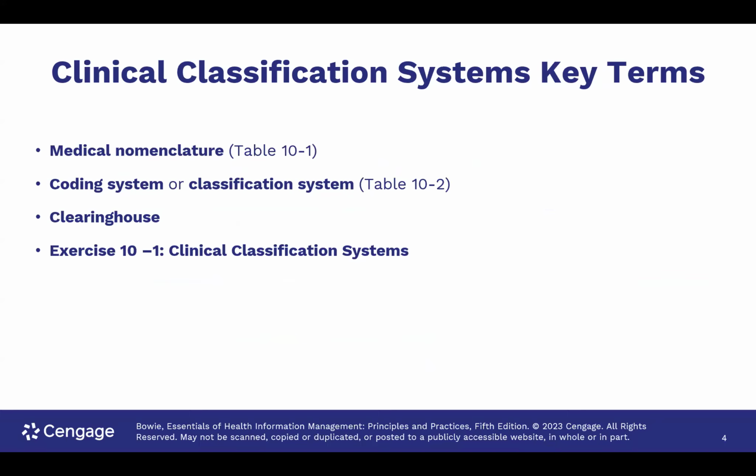Medical nomenclature is covered in Table 10.1. Please pay attention to that. A lot of what we're going to talk about are the coding classification systems, right? When we say coding system or classification system, we're talking about the same thing. And you can see an example of that in 10-2.